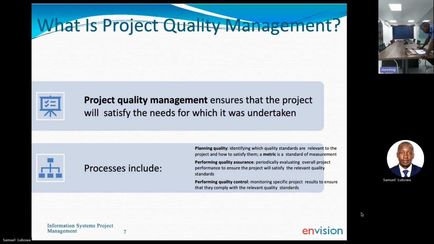Project quality ensures the project will satisfy the needs for which it was undertaken. This is a process that starts with planning, which is basically identifying which quality standards are relevant to the project and how to satisfy them.